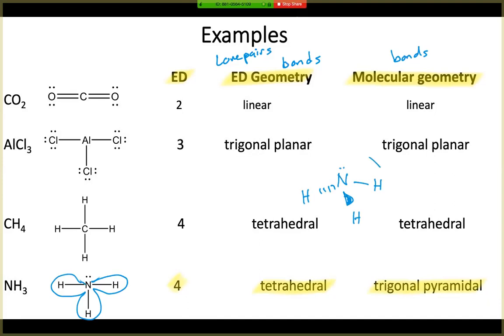And so that's what we see here. So if we imagine we don't have the lone pair on there, we can't see four things. But if we look at the rough shape of it, it kind of looks like a pyramid and has a triangle base. So we're going to call that trigonal pyramidal, despite actually having a tetrahedral electron domain geometry. So it's a subtle difference between the two, and it's going to come with practice.